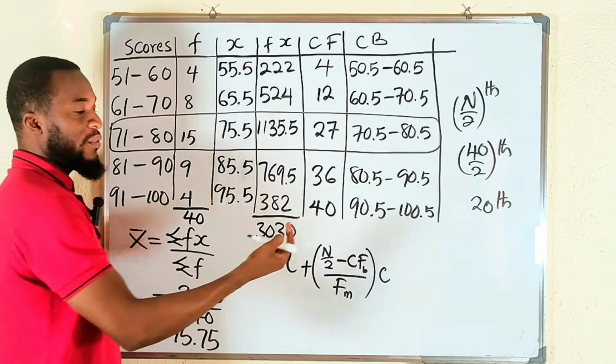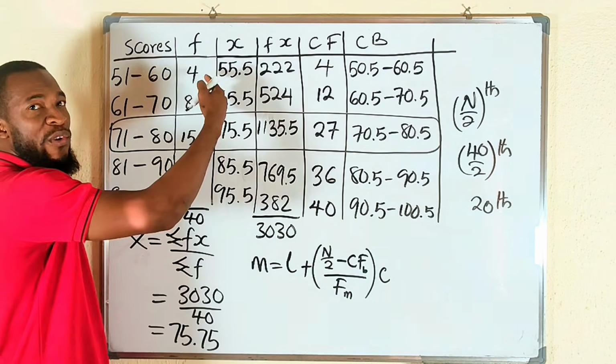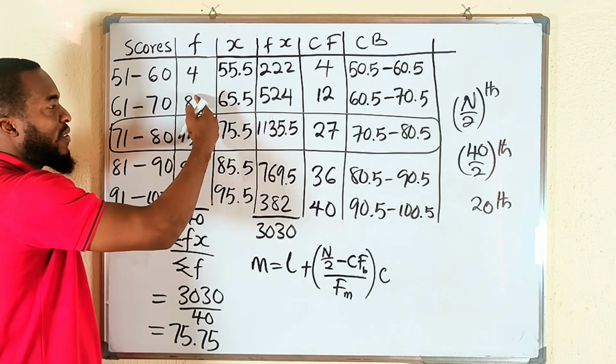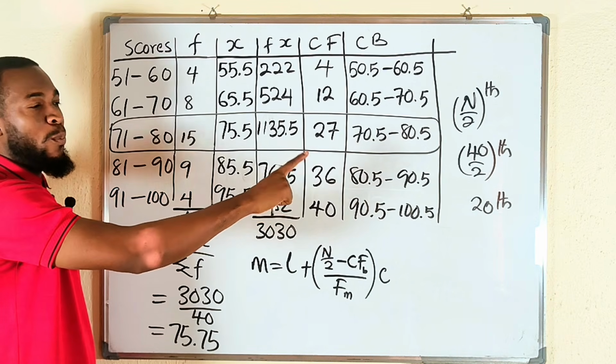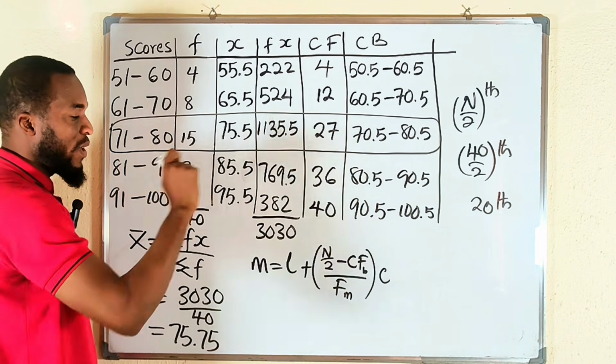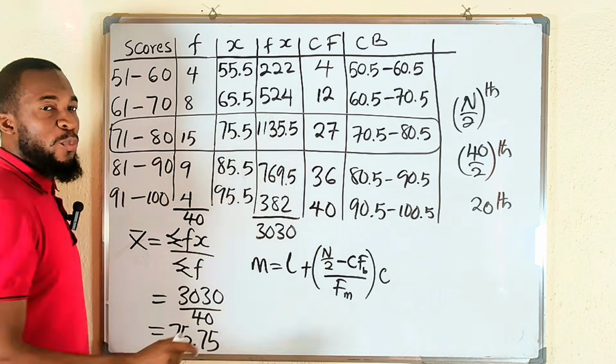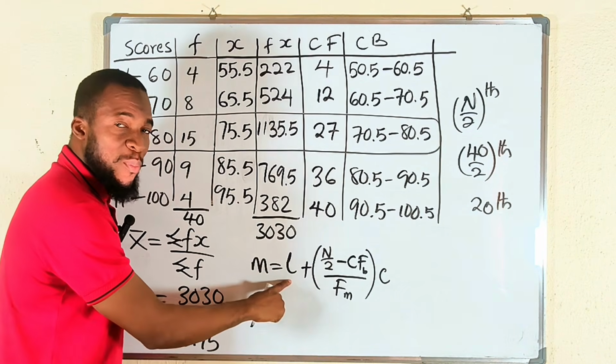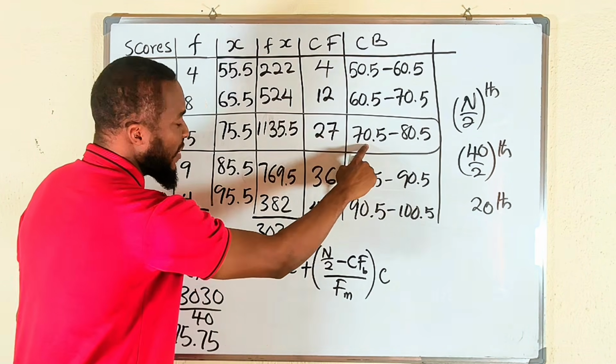Another way you can do that, since you got 20, you can come under frequency, keep on adding. This plus this, you keep on adding till you get to a position where 20 is located. So since we have seen that this is the position, what is the lower class boundary of that class? It is 70.5.